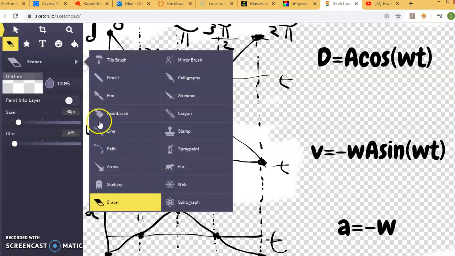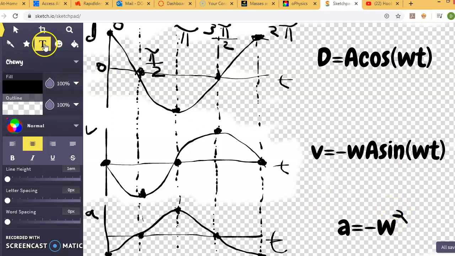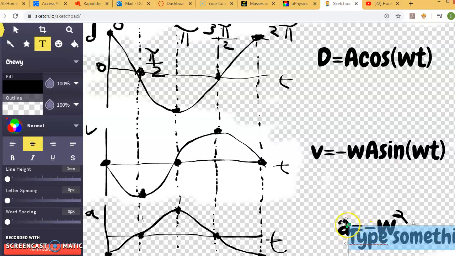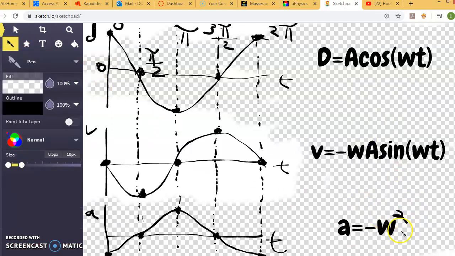Let me put a little squared in here. Squared, that's a 2. Well, this isn't working very well. I'm sorry. I'll just write it in there. Omega squared A.